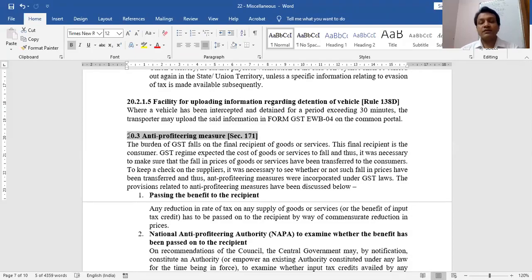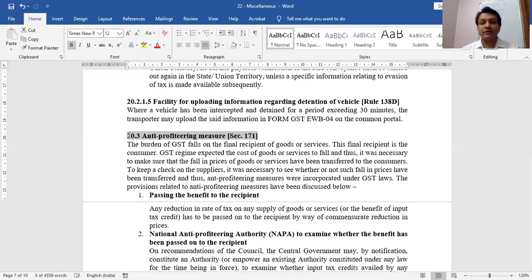Because either as a producer, my tax rate will fall, or I will be now allowed after GST to claim more input tax credit, which earlier might not be possible at that time. So either because of less tax paid by the producers or more ITC claimed, government expected that there will be a reduction in the prices.